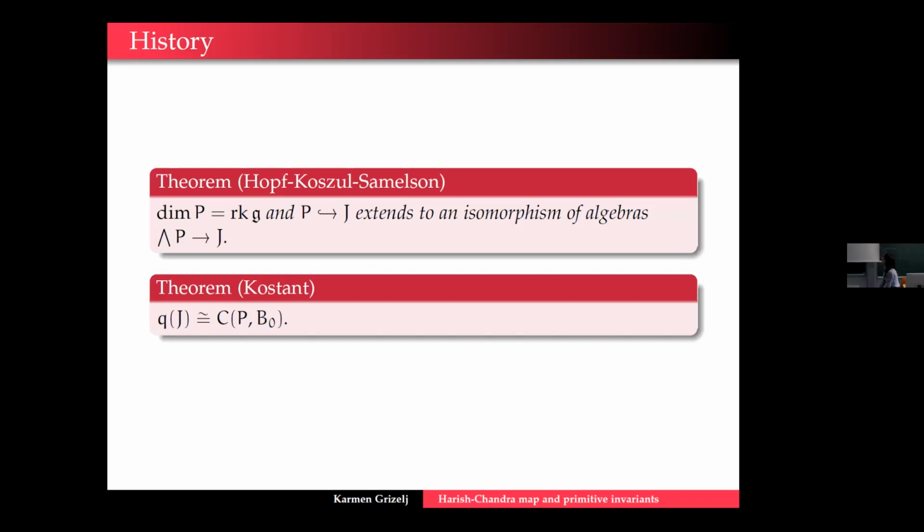And Kostant went a step further and actually concluded that the invariants have a structure of a Clifford algebra of primitive invariants. Remember, those two, exterior and Clifford algebra, are not isomorphic. So you have to do a few adjustments here.